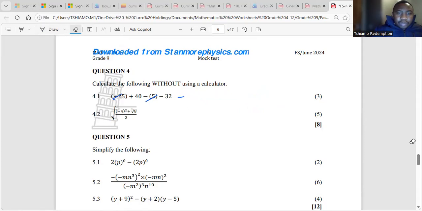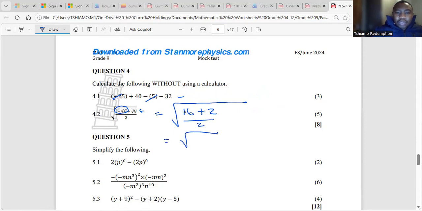So with this one, what are you going to do? You're going to try to work out everything inside the square root first. So what is negative 4 squared? It will be 16 plus the cube root of 8, which is 2, over 2. So what is that? It's going to be 18 over 2, which is 9.